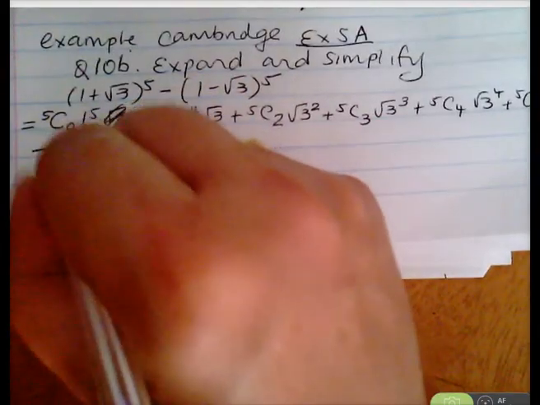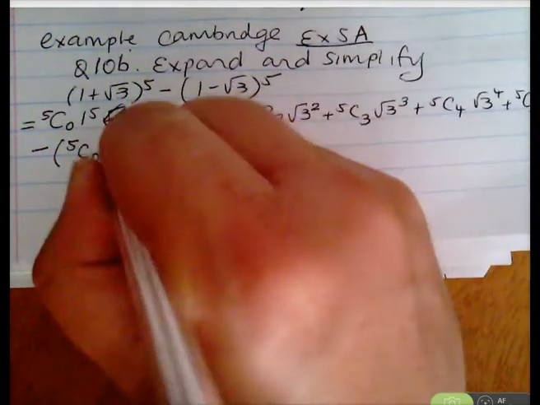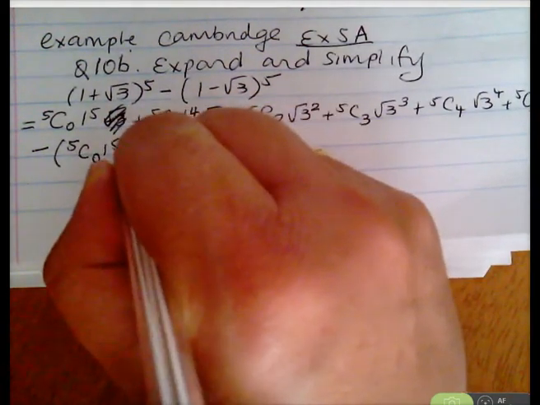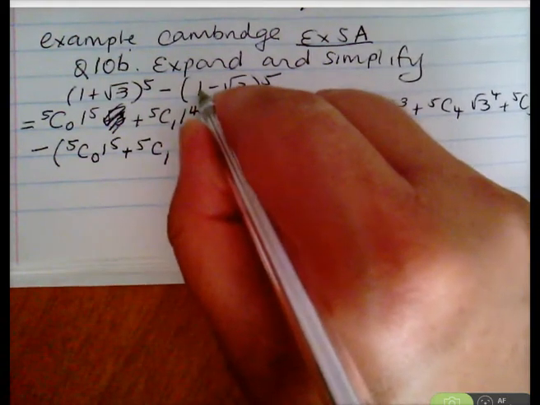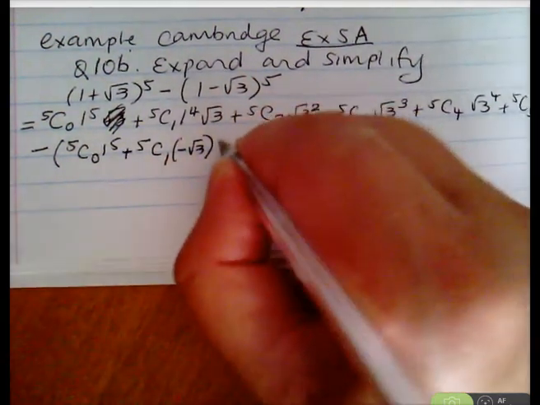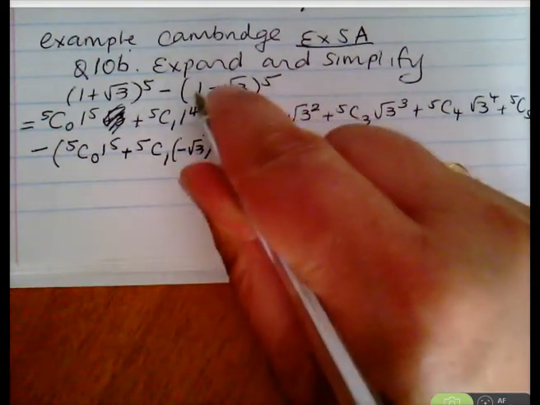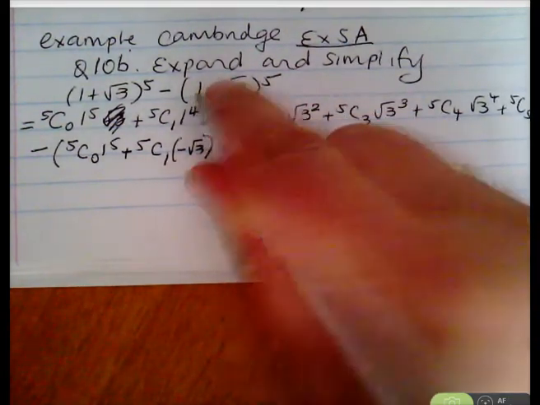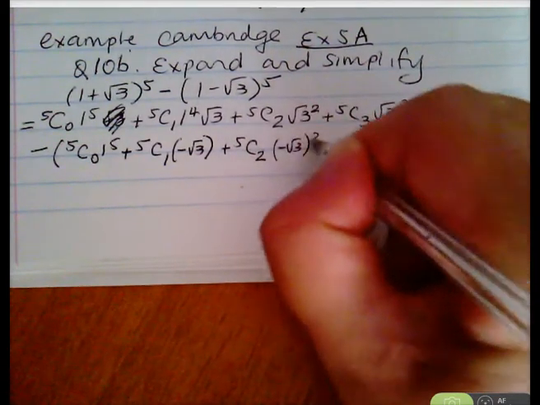Now, take away in brackets, 5 choose 0, we've got 1 to the power of 5, plus 5 choose 1, we'd have 1 to the power of 4, and then we'd be timesing it by negative root 3 to the power of 1. Then we've got plus 5 choose 2, we'd have 1 to the power of 3, but then we'd have negative root 3 squared.